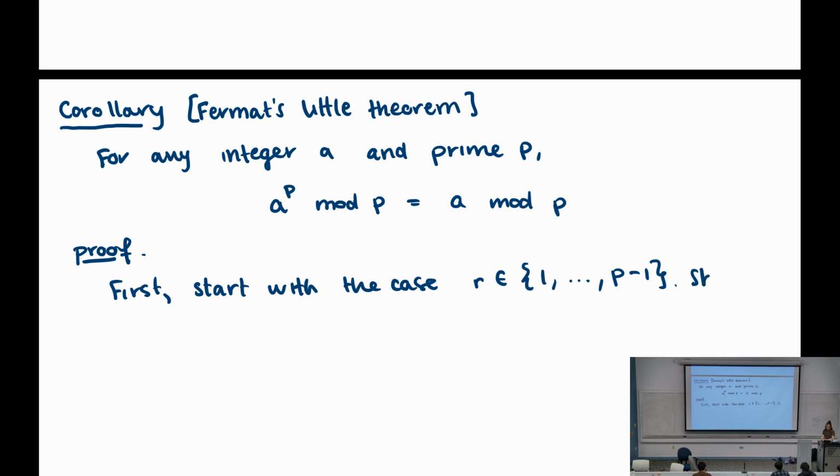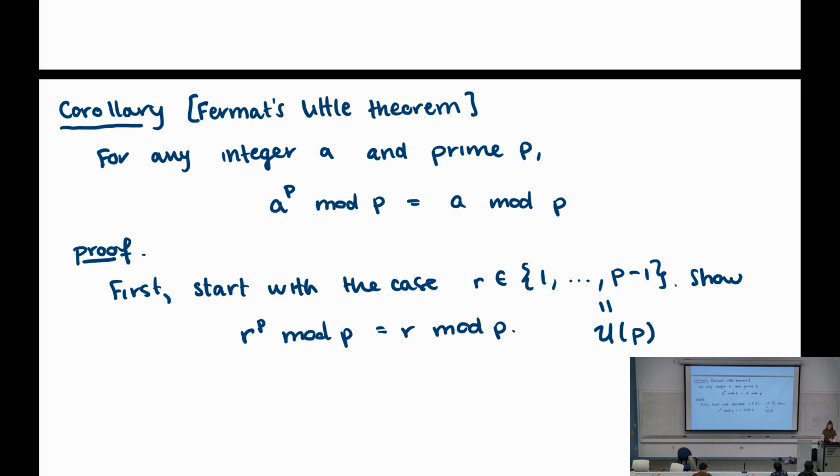So we'll just show r to the p mod p is equal to r mod p, just when r is a number between 1 and p minus 1. So notice that this is equal to the U group U of p, so all of the numbers less than p that are relatively prime to p.